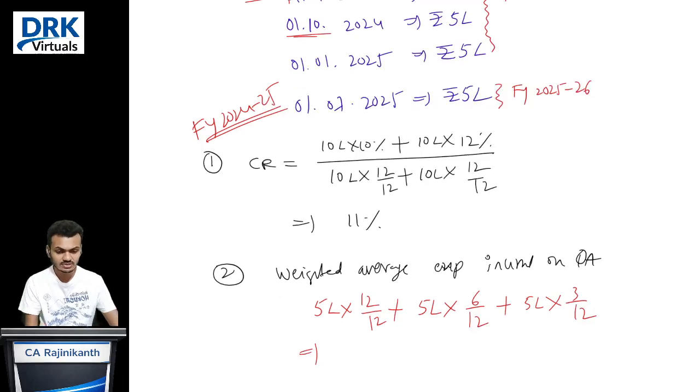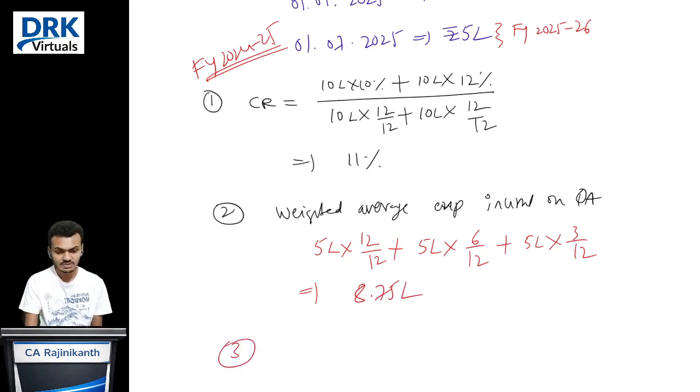Calculate how much? Here 5 into 3 by 12. 1.25, and this one is 2.5, and first one is 5. So it is 8.75 lakh. Correct?